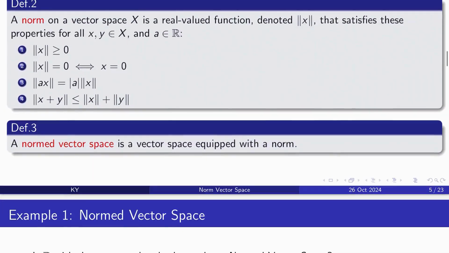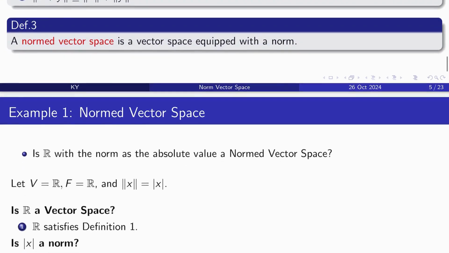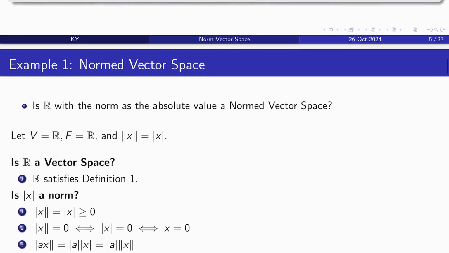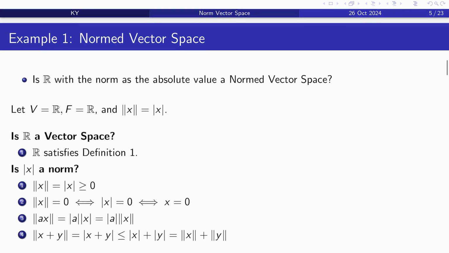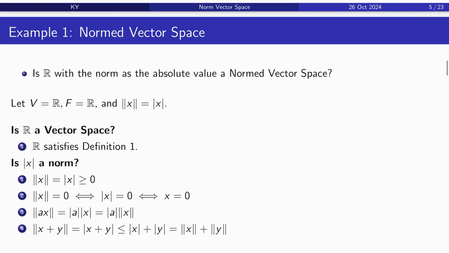So let's go on to talk about some examples of normed vector spaces. As I told you previously, a normed vector space is basically a vector space with an additional tool called the norm built into it, or we can say equipped. So let's see an example.